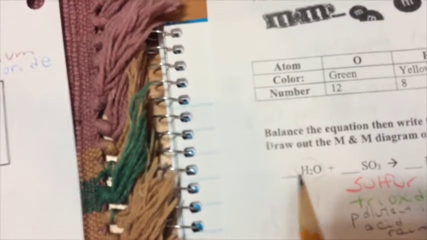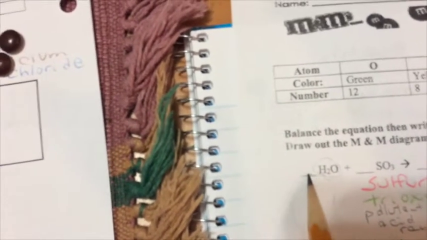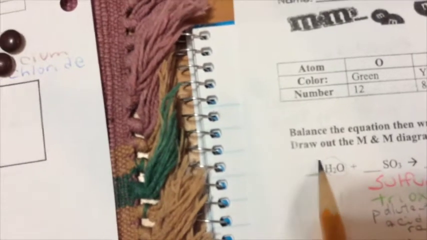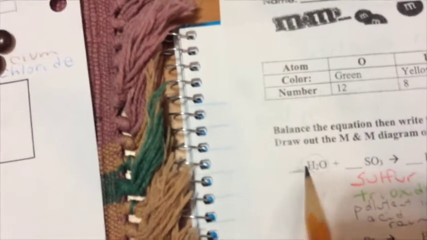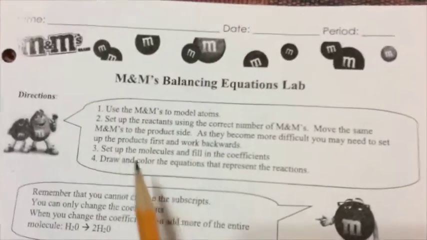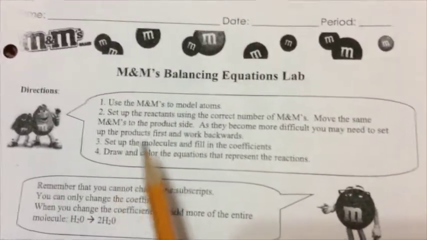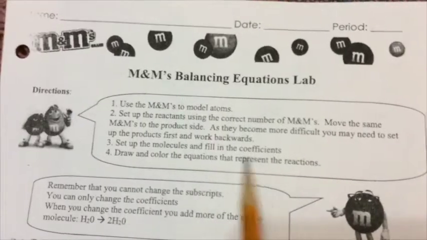By now, you probably all remember that H2O is just the chemical name for water. That's a water molecule. If I had a 1 in front, that would be 1 water molecule. If I put a 2 in front, that would be 2 water molecules. Going back to here, it says set up the molecules and fill in the coefficients.